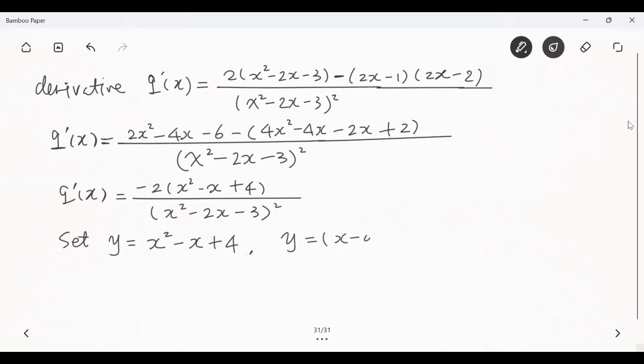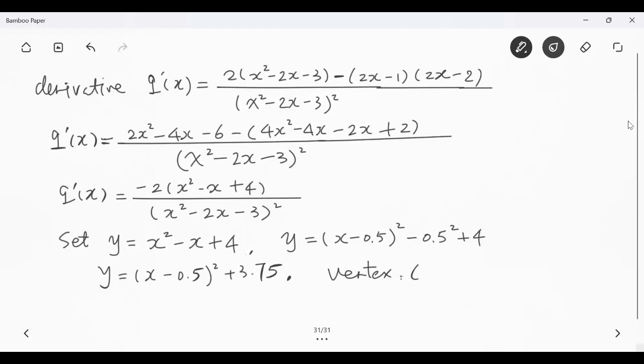It is (x minus 0.5) squared because negative 1 in the middle term, so negative 1 over 2 is negative 0.5. Then complete the square, minus 0.5 squared, and copy the 4, and y equals (x minus 0.5) squared plus 3.75, right? So we know the vertex is (0.5, 3.75).